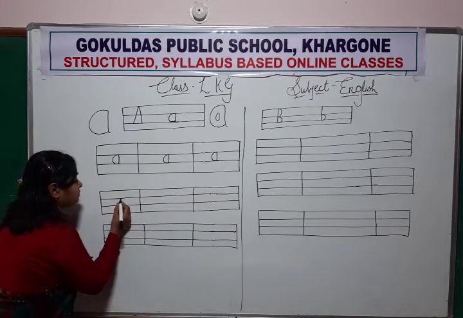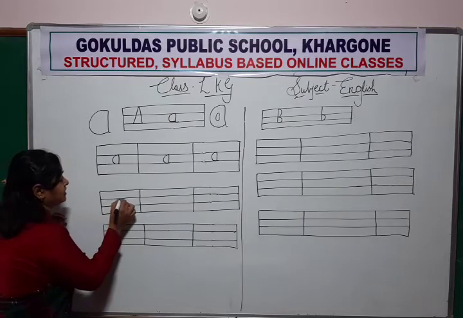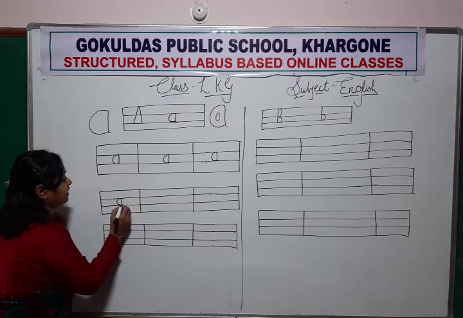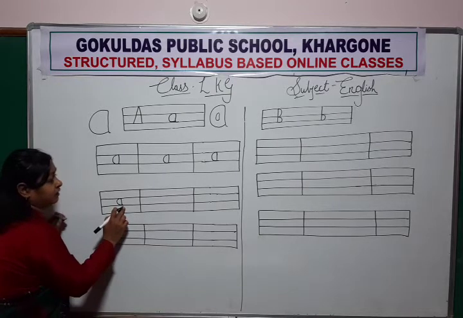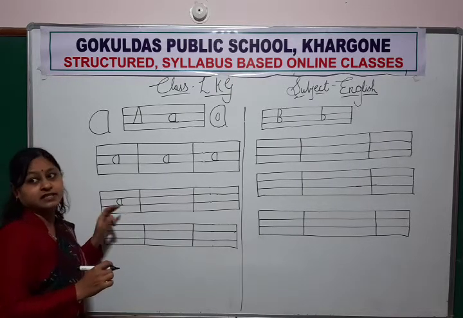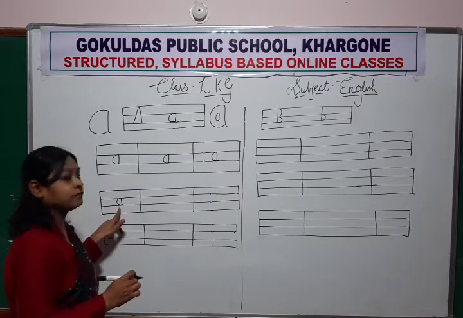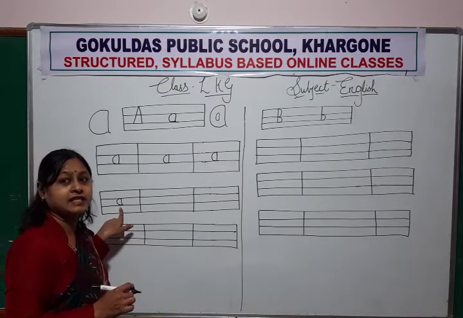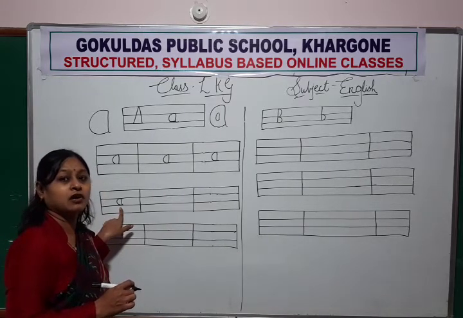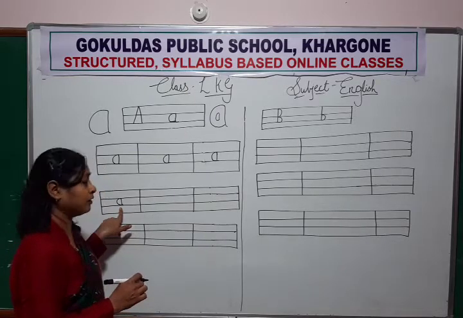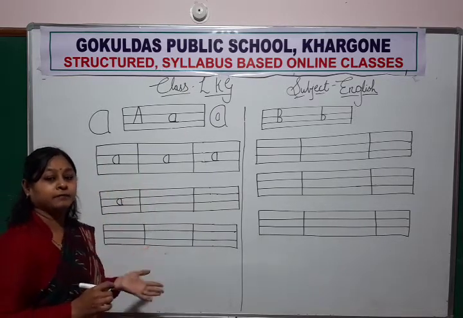Again. Half circle, standing line, and then small tail. Okay. Which letter is this? Baby A. And sound of letter A is A. Okay. Aeroplane.